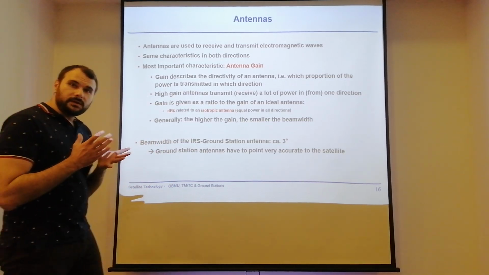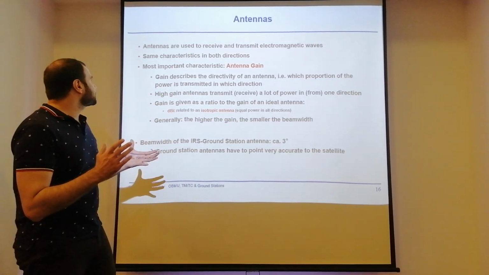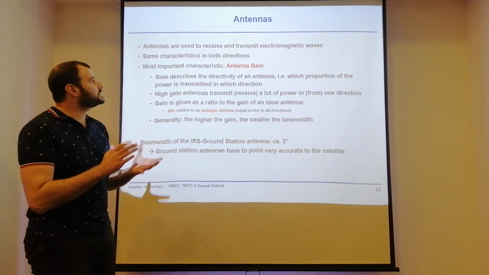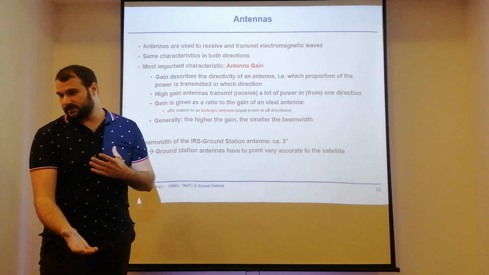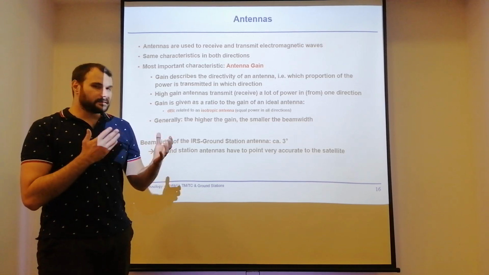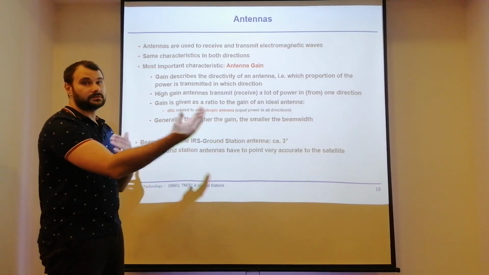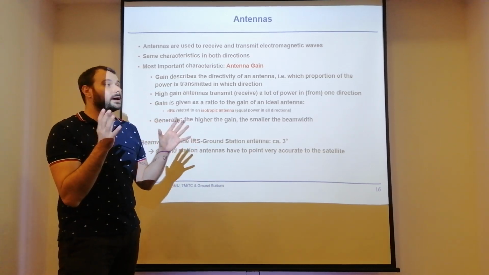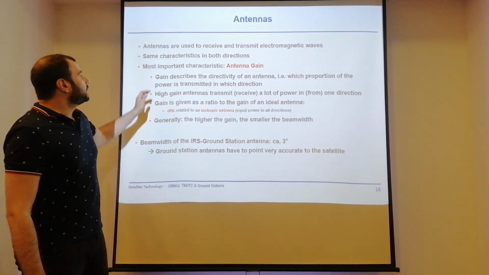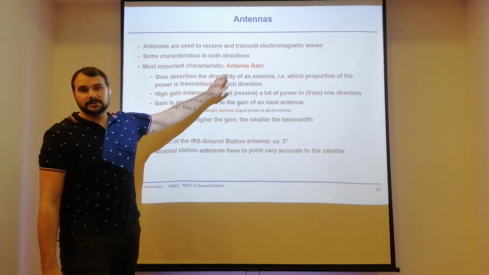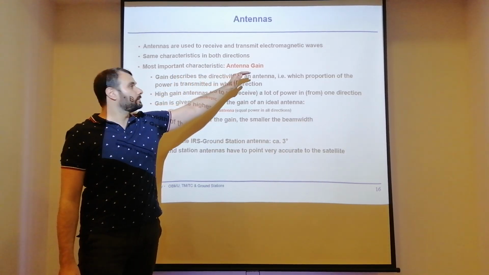Another important thing we need to understand are the antennas. Antennas are used to receive and transmit the electromagnetic waves. And they have the same characteristics basically in both directions. So they can receive and can transmit. The characteristics are pretty much the same. The most important characteristic of an antenna is the antenna gain.